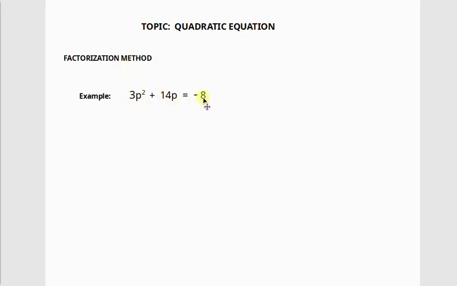Now, the first thing to do is that we see this equal sign will be equal to minus 8. We need to bring this minus 8 to the left hand side of the equality sign for us to factorize the equation. Now, we have 3p squared plus 14p equal to minus 8.